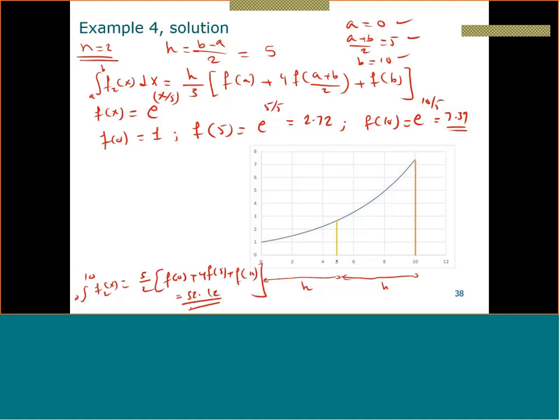If you recall, the exact answer was 31.95. So from the beginning, we are getting very close, with around 0.5% error.